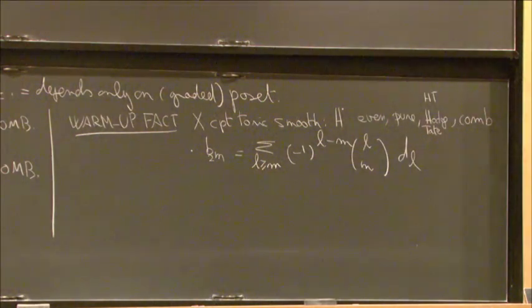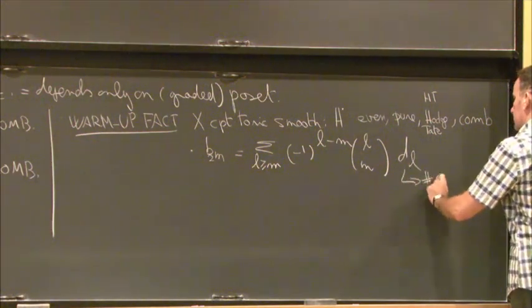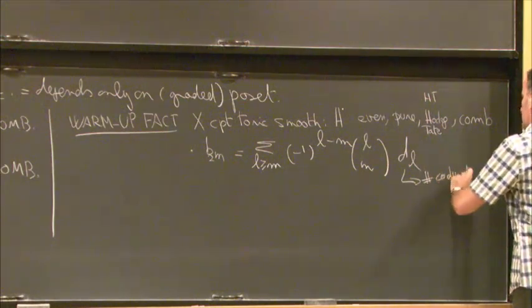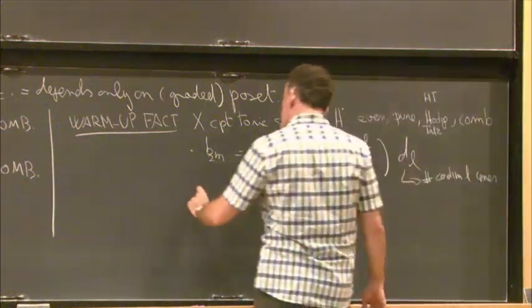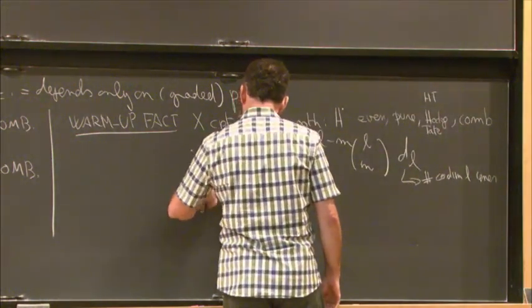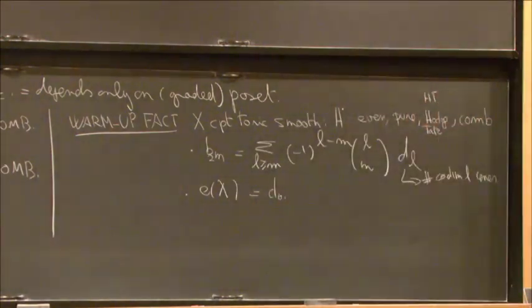Which looks like this. d_l is the number of cones of codimension l in the fan. So you look at the fan, you know the Betti numbers. So the Euler number is d_0. In fact, it's easy to prove this if you know enough.